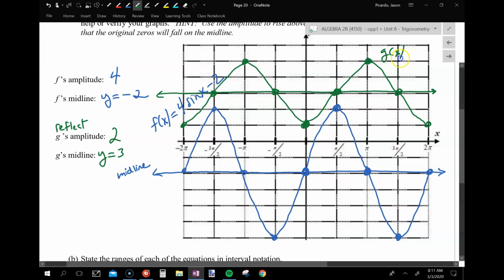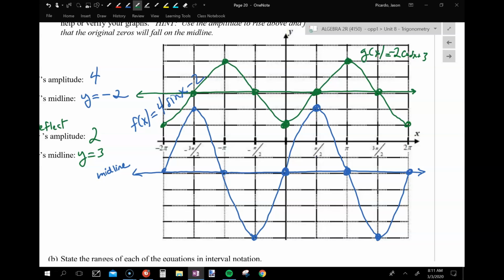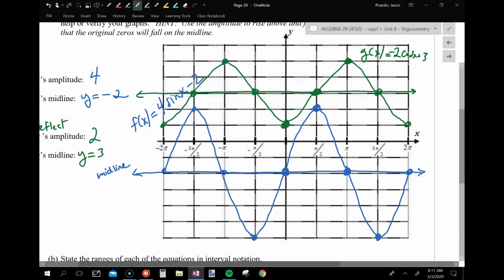And that is my g of x, -2 cosine of x plus 3. So I hope we're getting the idea that with radians and degrees, we can look at a degree graph to create a radian graph or vice versa. So we're speaking in interchangeable languages when we do that.